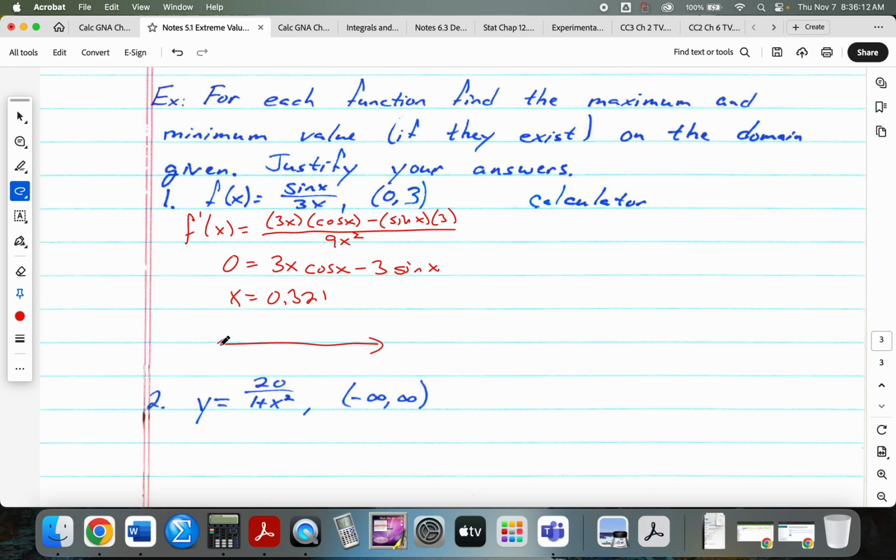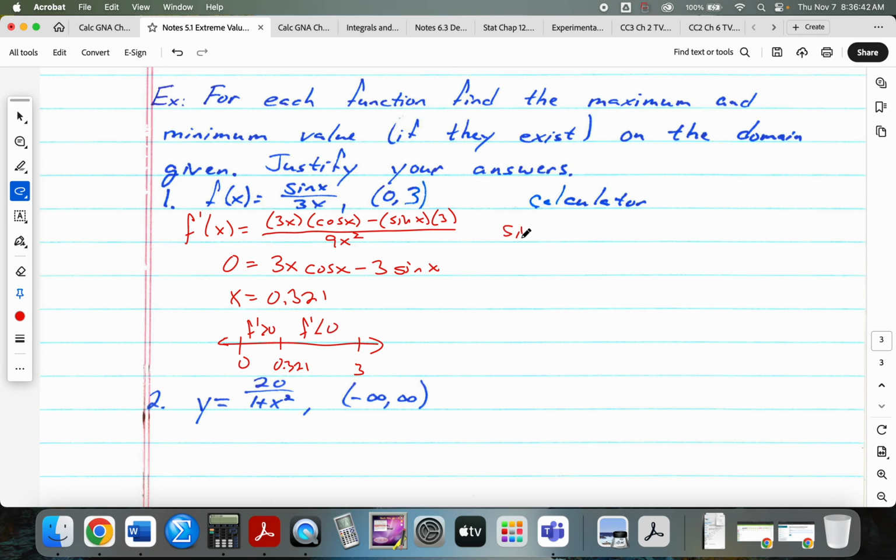So if I'm looking between 0 and 3, at 0.321, my derivative is 0. And was it positive or was it negative between 0 and 0.321? I think it was positive looking at your graph. Yeah. So f prime is positive here, f prime is negative here.